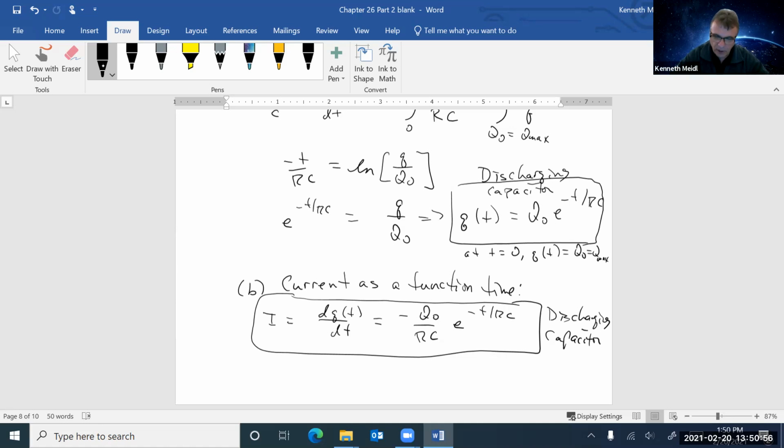So I'm hoping this gives you some sort of feeling of what's going on in chapter 26 and how you can apply these rules and apply some of the math that you do know to get some very interesting results here. And to a lot of people, an RC circuit is not that important, but it's important in that it's a very good example of using the loop rule and a very good example of using the math to get some very interesting results.